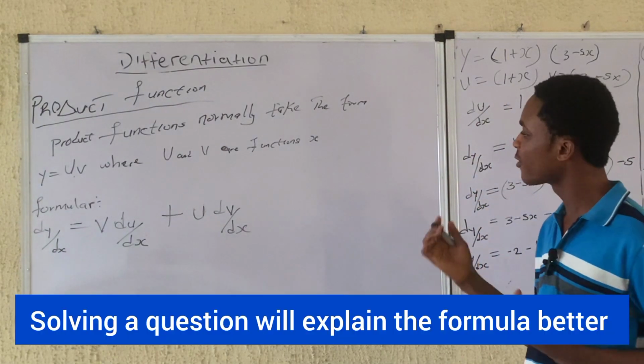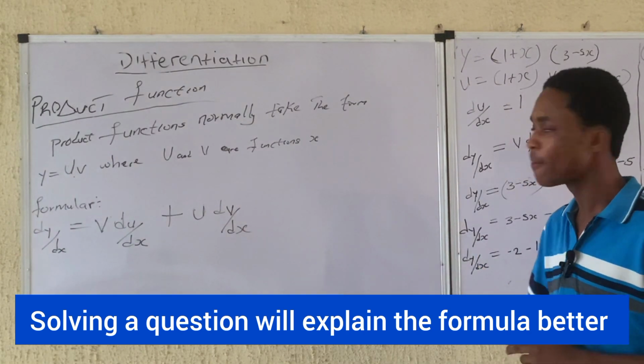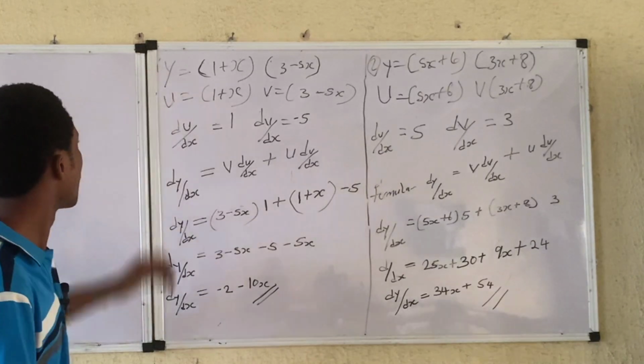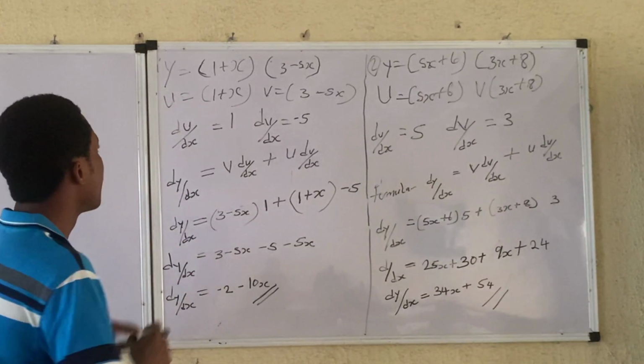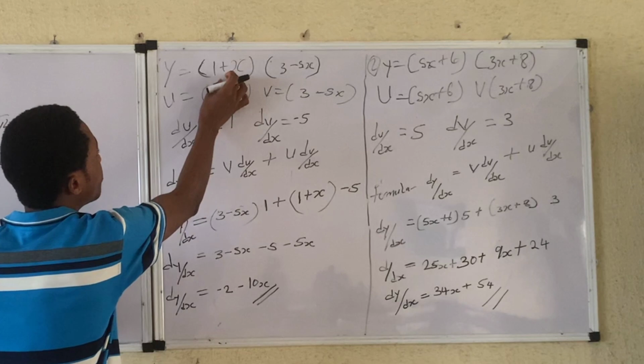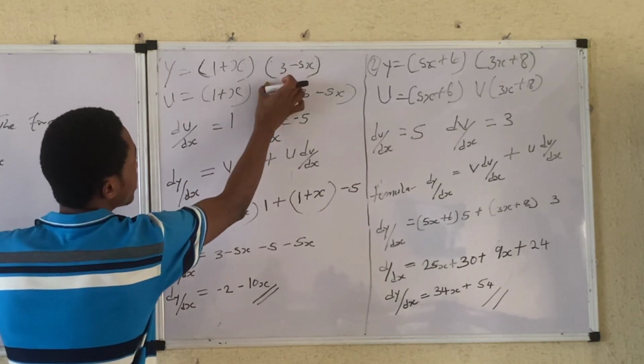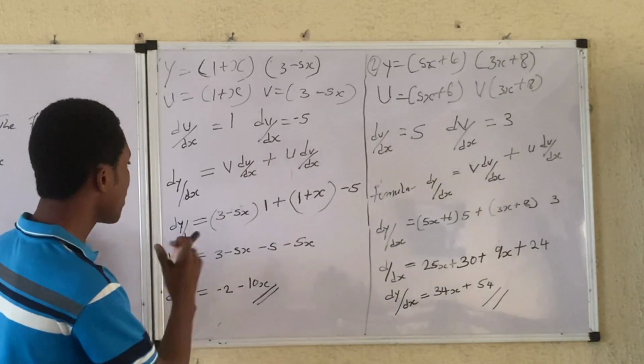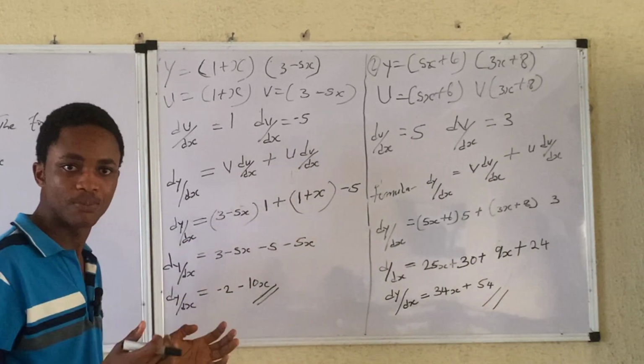Now let's solve questions using this formula. As you can see on the board, question 1: y equals (1 plus x)(3 minus 5x). Remember our formula where y equals uv.